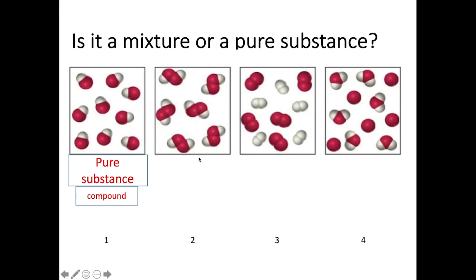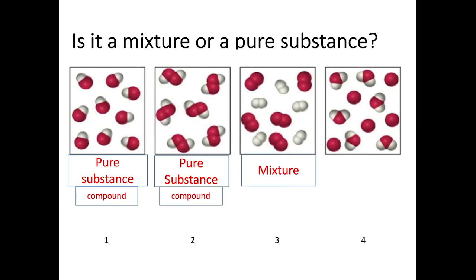What about this one? Again, yes, it's a pure substance. And there's two types of particles that are attached to one another. In fact, there's four, so that is again a compound. Here, I've got two compounds, but two different compounds that are combined together. That would be known as a mixture.